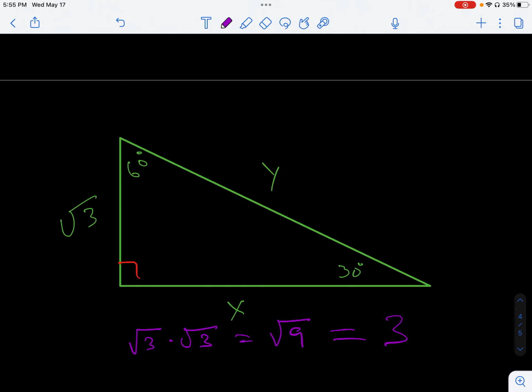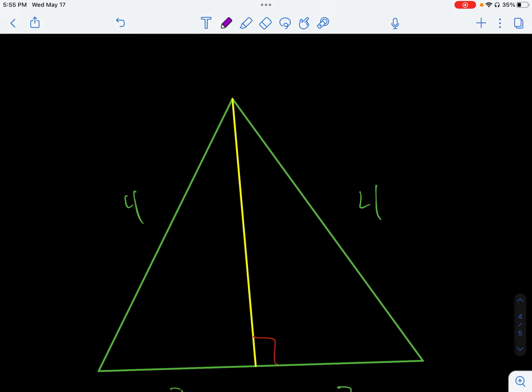And to get from the short leg to the hypotenuse, we've got to multiply by 2. And because we have one outside and one inside, we just put them together. Because outside goes with outside, inside goes with inside.